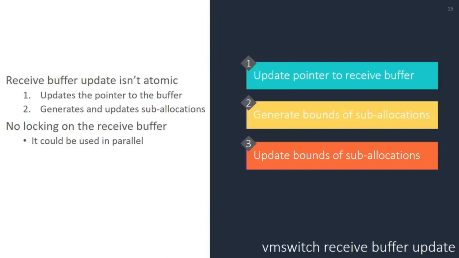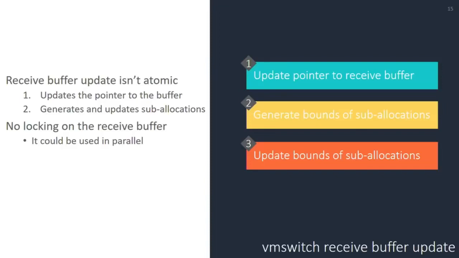It keeps track of a pointer to the buffer itself, and then it keeps track of the boundaries of these sub-allocations. And so it does the initialization of the receive buffer in 3 steps. First, it updates the pointer to the buffer. Then it generates the boundaries for these new sub-allocations, and then it updates the boundaries for these sub-allocations.